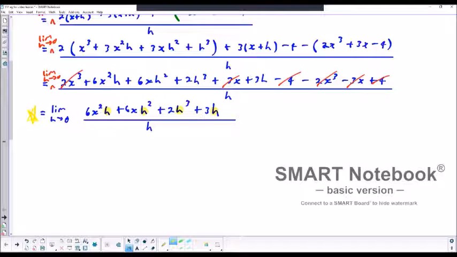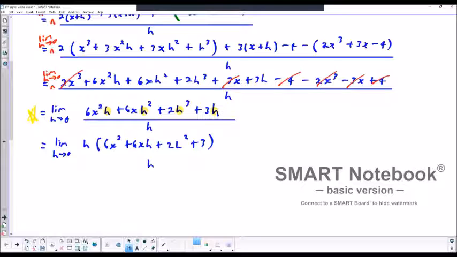If you don't, go back and look at it again, because there's something wrong. The reason we need that is because we're going to factor that h out to leave us with 6x squared plus 6xh plus 2h squared plus 3, all over h.